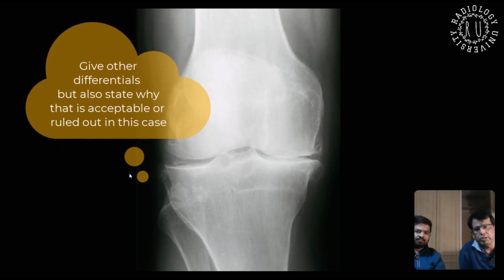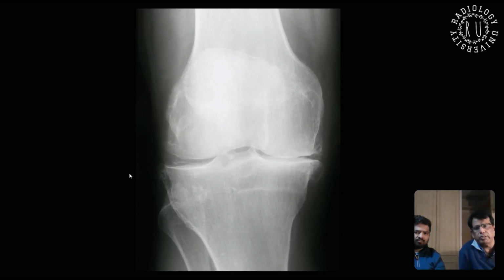It can also be seen in gout, but again there's no erosion to suggest gout. Wilson's disease is another possibility, but the patient is a bit old, and other metabolic conditions if there is a history of that. Ideally, I would say it is idiopathic in this case, or an age-related degenerative knee with chondrocalcinosis.